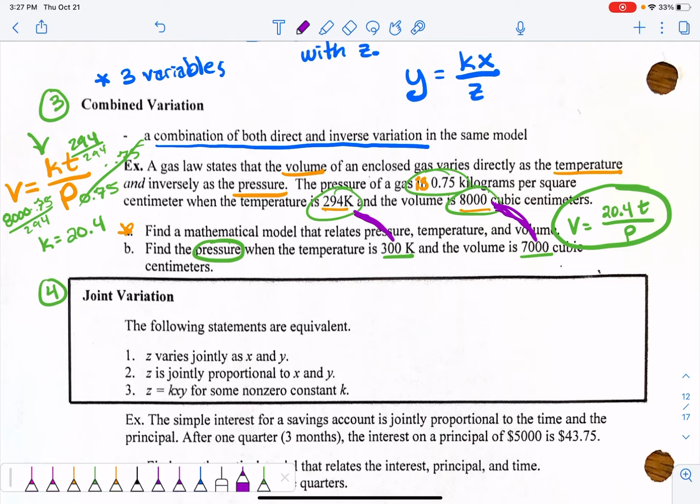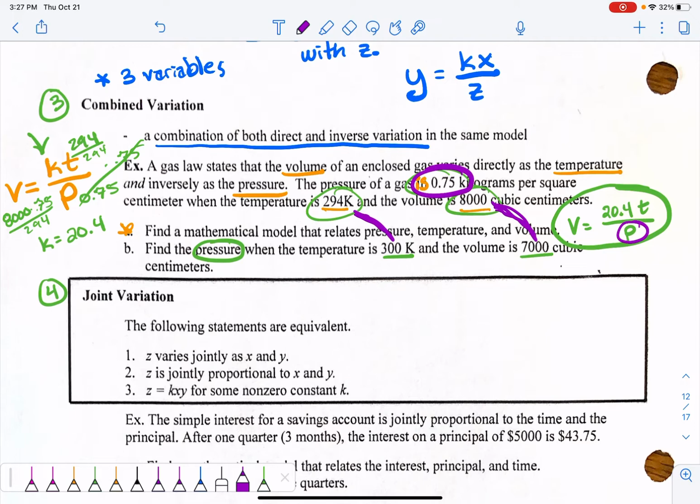I always like to look at the information that was given to me because for pressure, if we're solving for pressure, the original pressure was 0.75. So I can anticipate that my new pressure is going to be a decimal number that's close to 0.75 or around that range. If I would get a number that's in the hundreds, probably not, right? Kind of look at what seems to be a reasonable number.